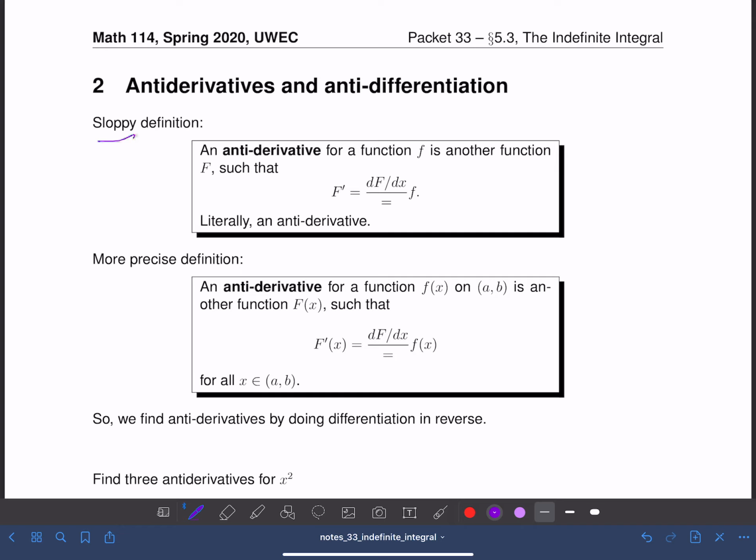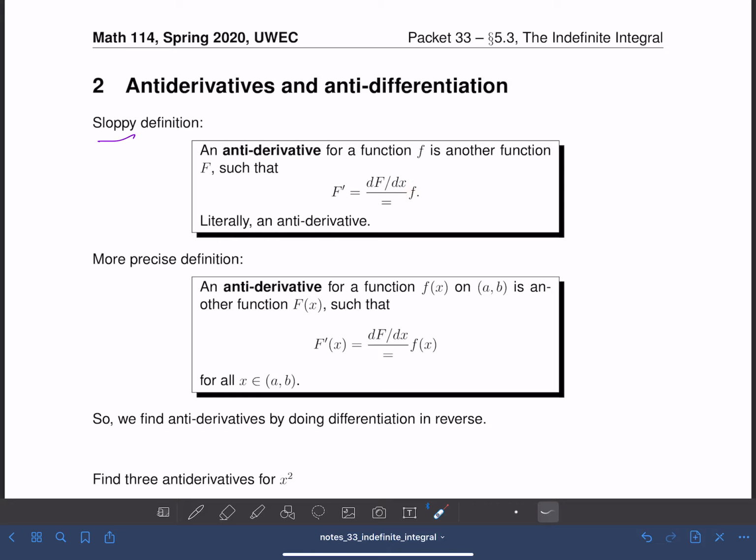Sorry. Okay, so I need to define for you what an antiderivative is. What we're going to do is take our function little f, and find an antiderivative for it, capital F, and it's defined by the act of differentiation. So an antiderivative is a function capital F that I can differentiate, and I get back my little f.